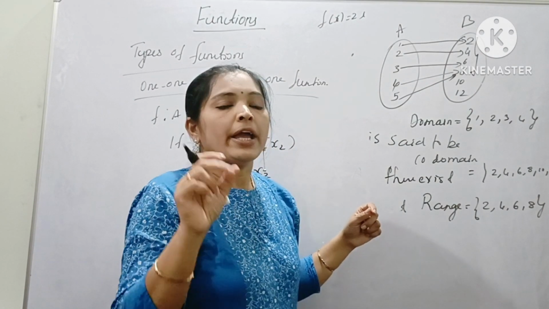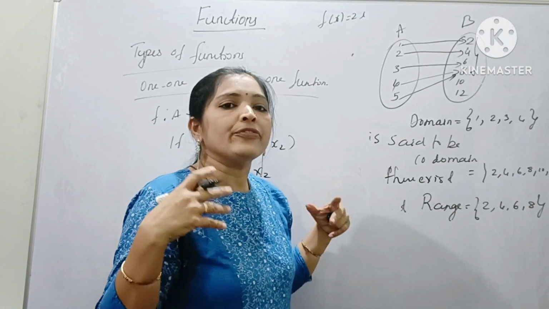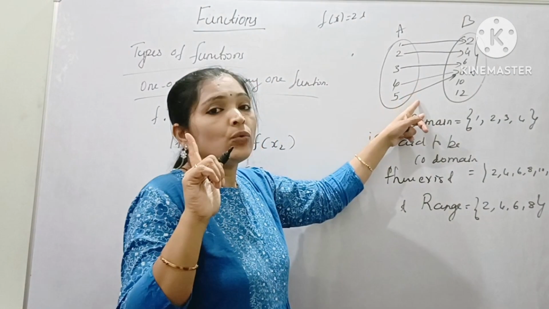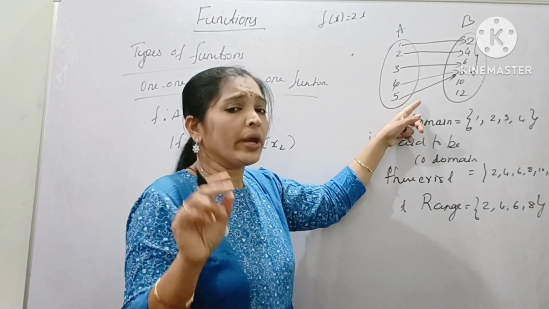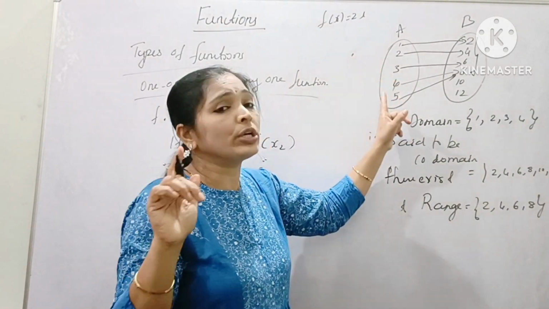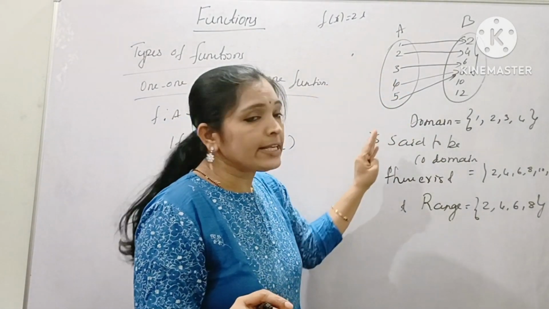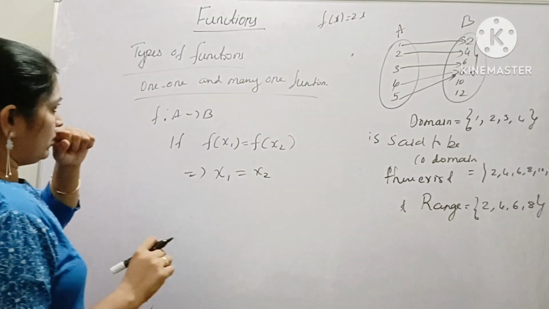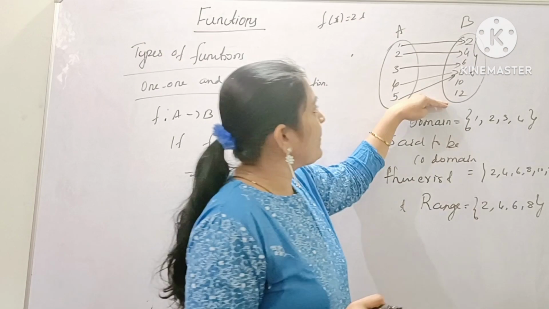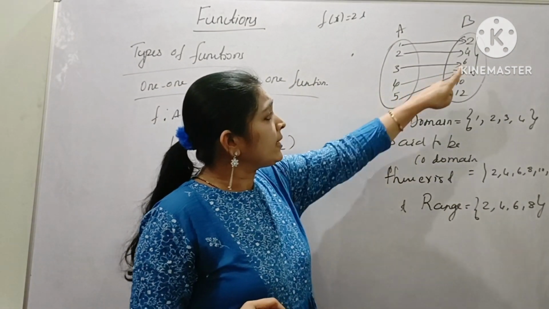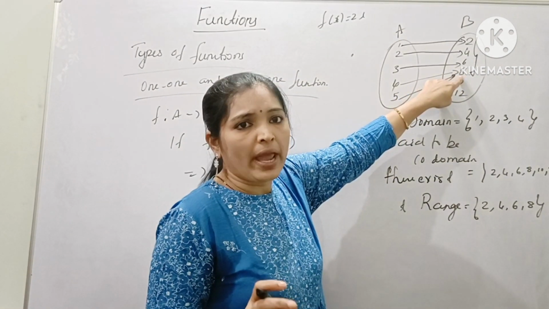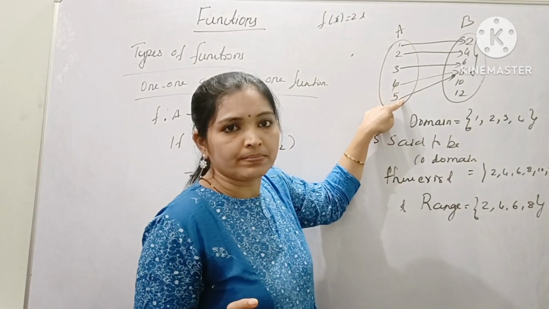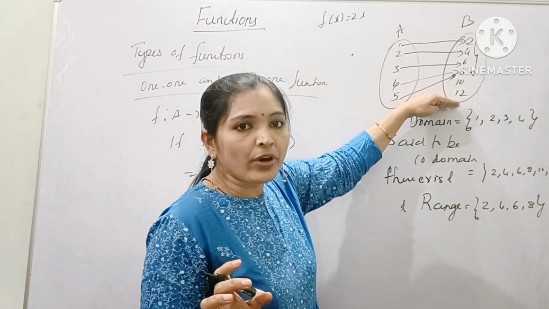That means every image has only one pre-image. That is called a one-one function. Here, for example, the image 8 has two pre-images, therefore it is not one-one.